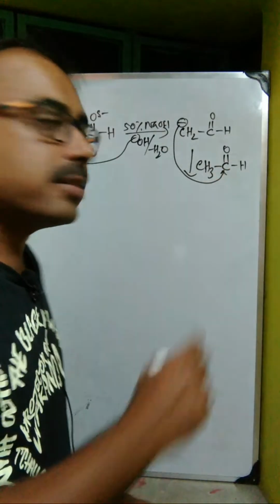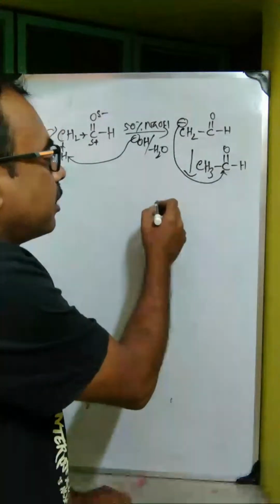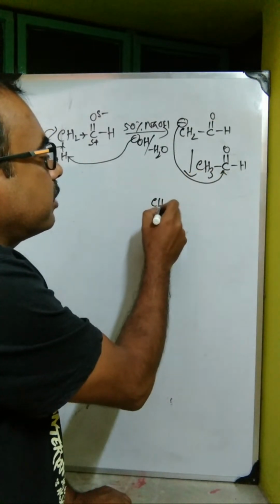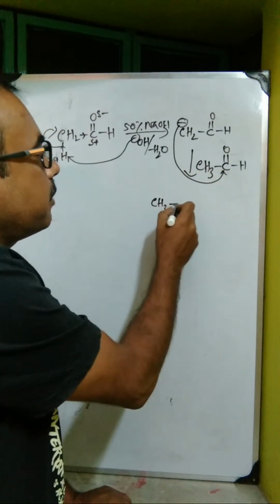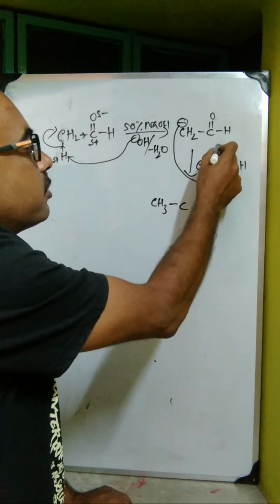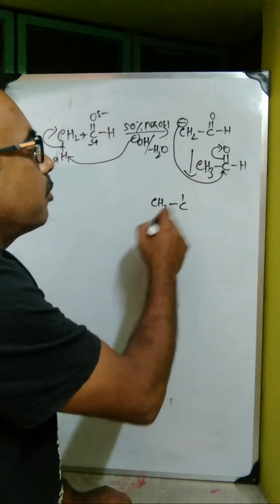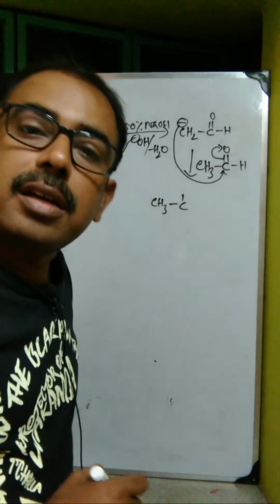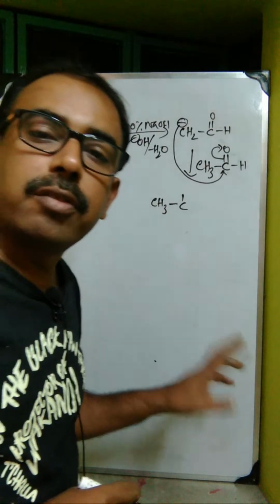So the product is, I am writing from this carbon, CH3, then single bond C, the pi bond shifts towards the oxygen atom. This is called the electromeric effect.